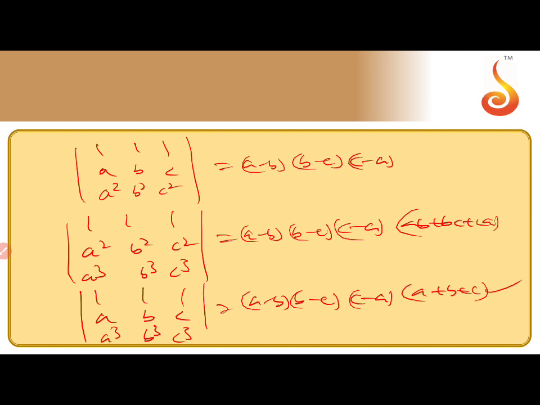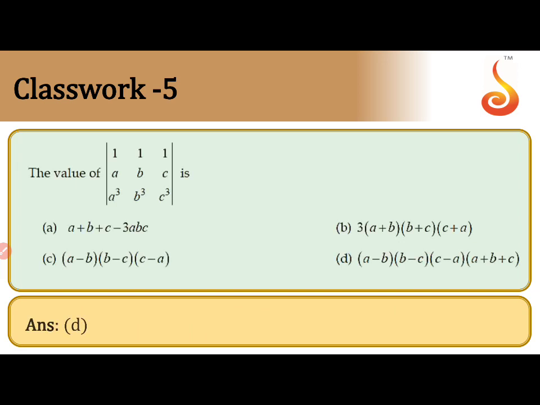So now the question is this option: take the answer (a−b)(b−c)(c−a)(a+b+c), so check option D.